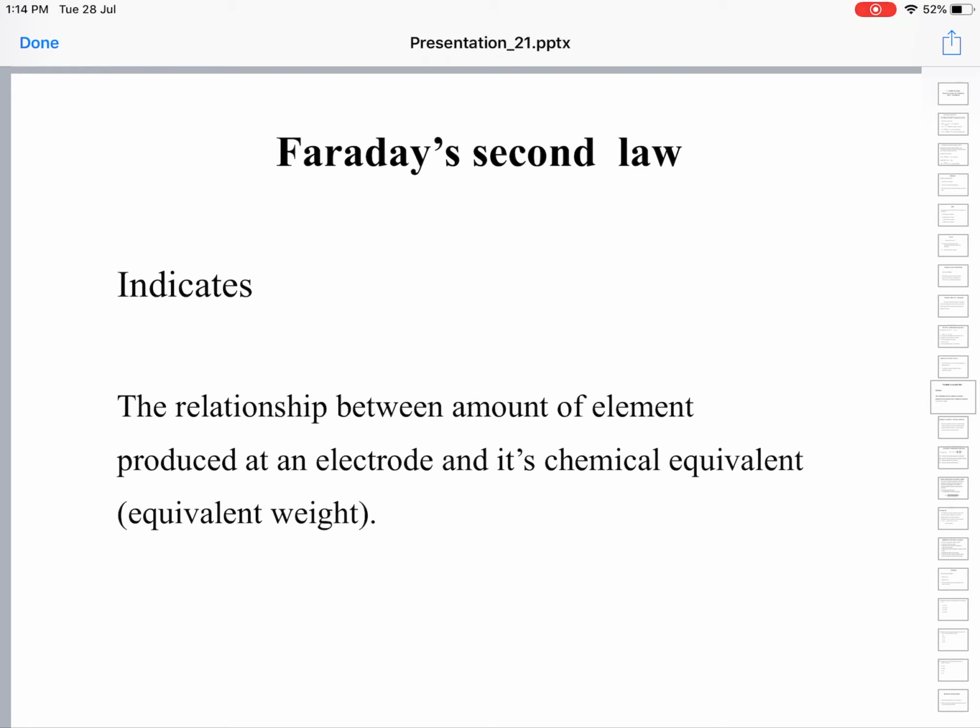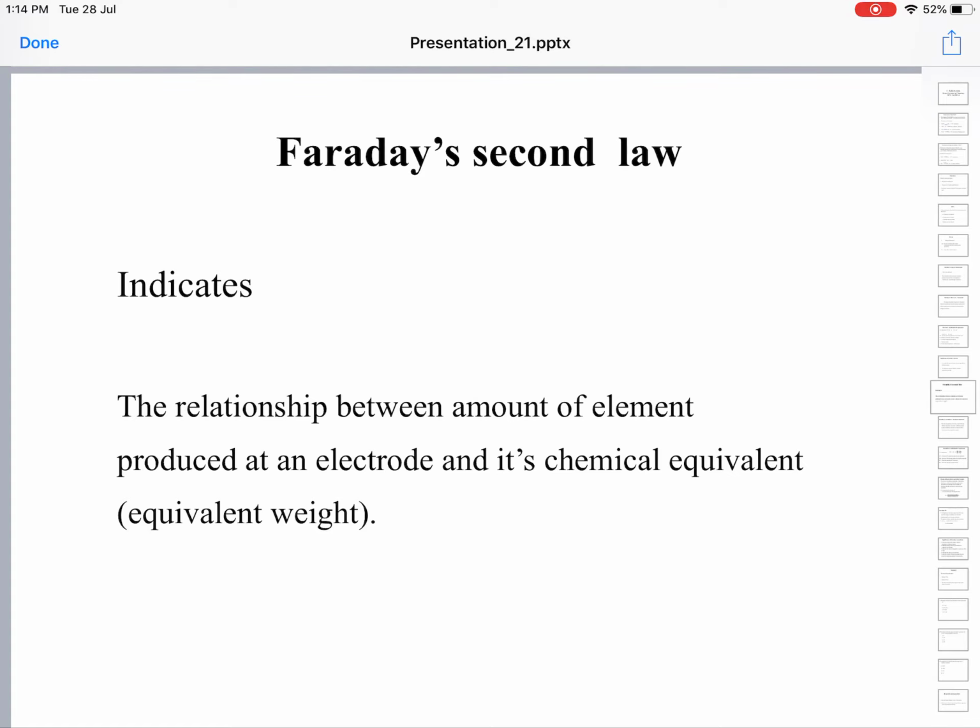So he conducted experiments to check how much of substance will be deposited or liberated by the passage of the same quantity of electricity through different substances connected in series. What factor does the amount of liberated substance depend upon?